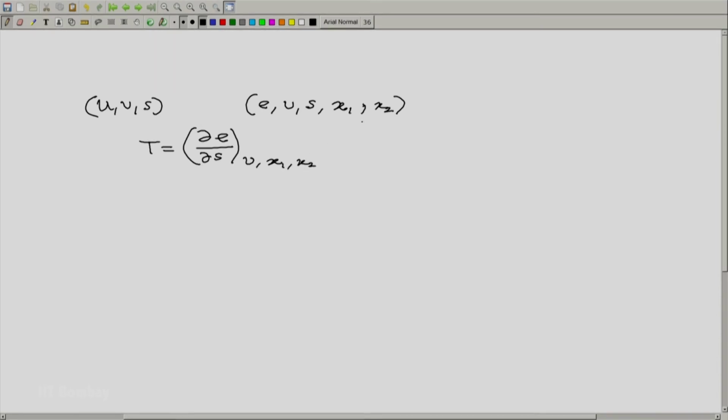And if you extend the list of dependent variables here, one pertaining to each two-way work mode, that list will also have to be extended here. And also the definition of pressure would be minus partial of E with respect to V, not only at constant S but also at constant x1, x2, etc.